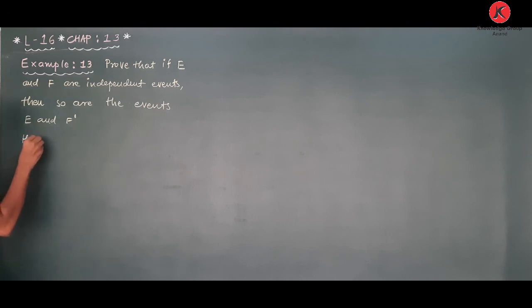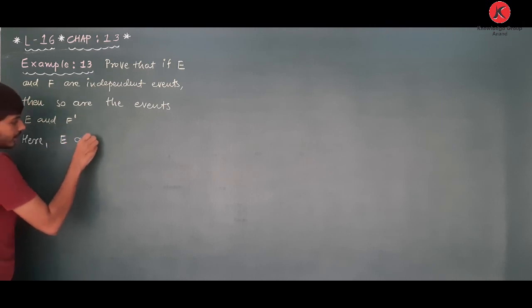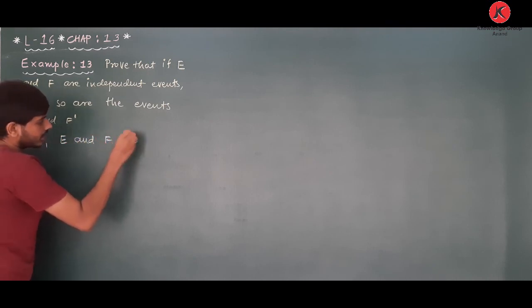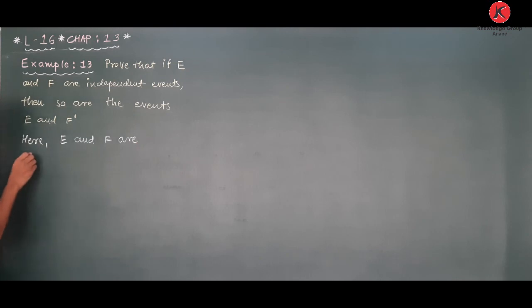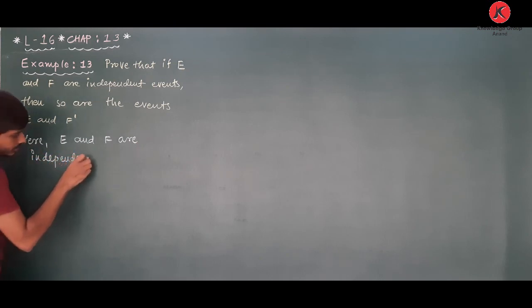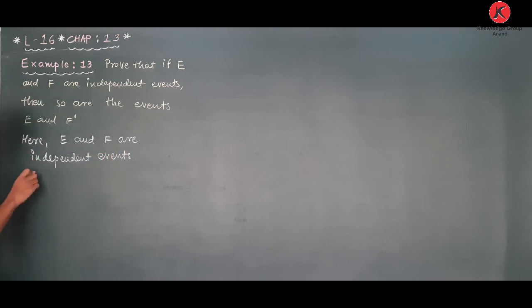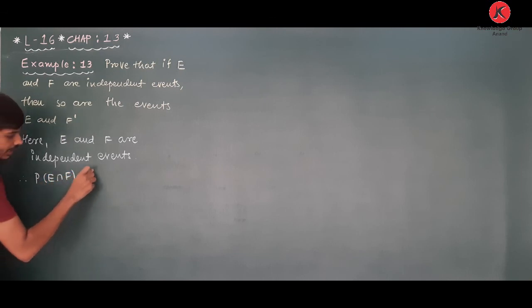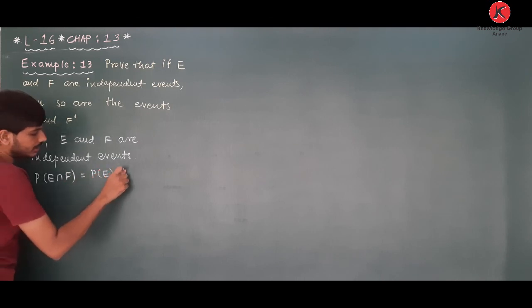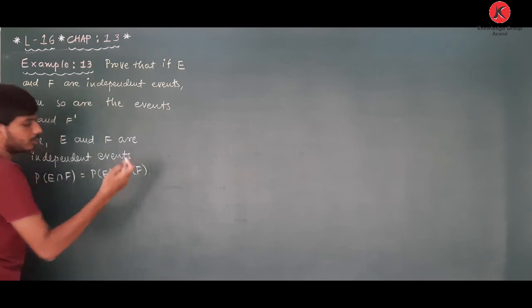Here it is given that E and F are which type of events? Independent events. If they are independent events, then we can write probability of E intersection F equals probability of E into probability of F.